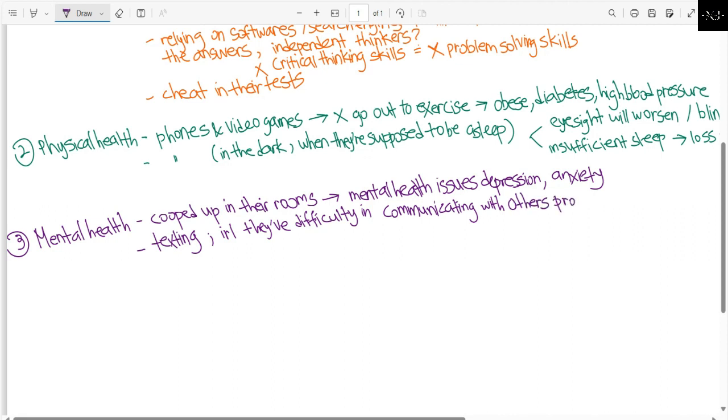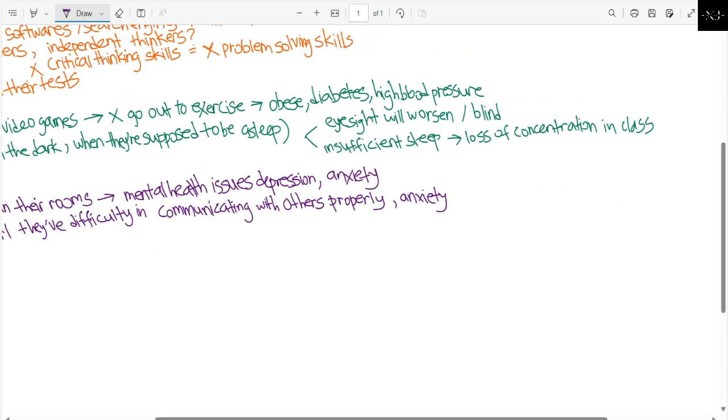Here we can mention their anxiety level will shoot up, means they will get super anxious, or you can say it will skyrocket.